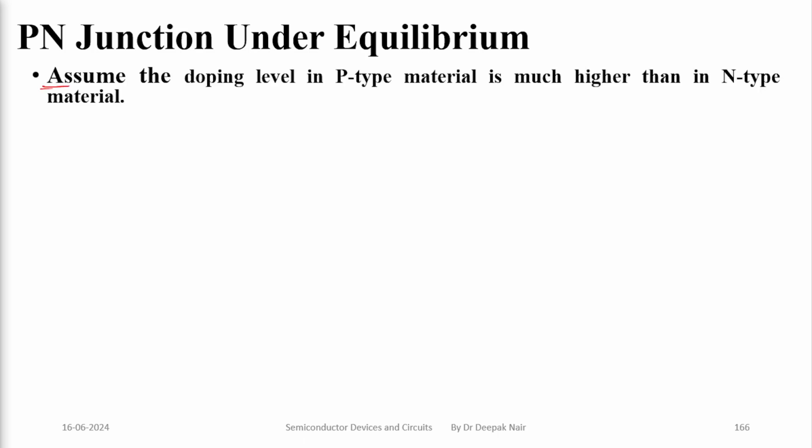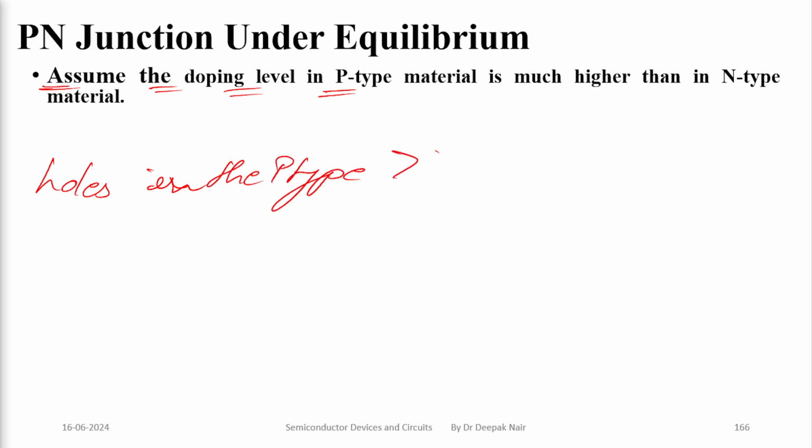We have to make an assumption in this presentation that the doping level of P type semiconductor is much higher than the doping in N type semiconductor. That means holes in the P type semiconductor are much greater than the electrons in N type semiconductor.